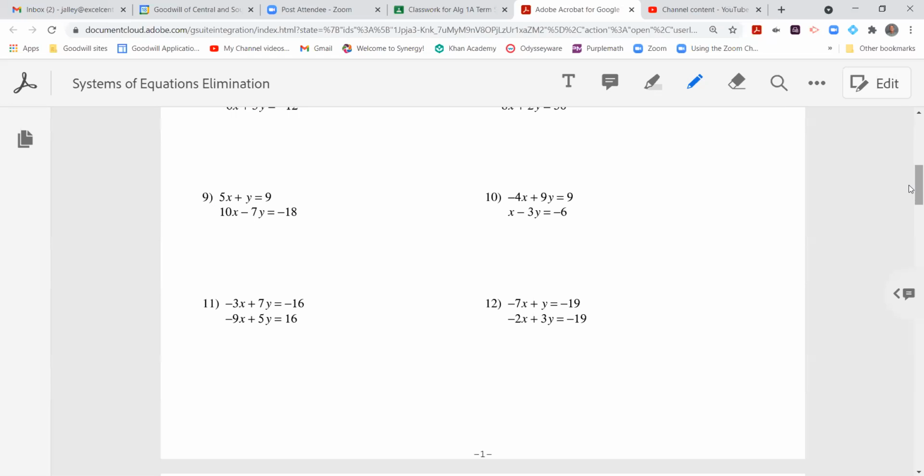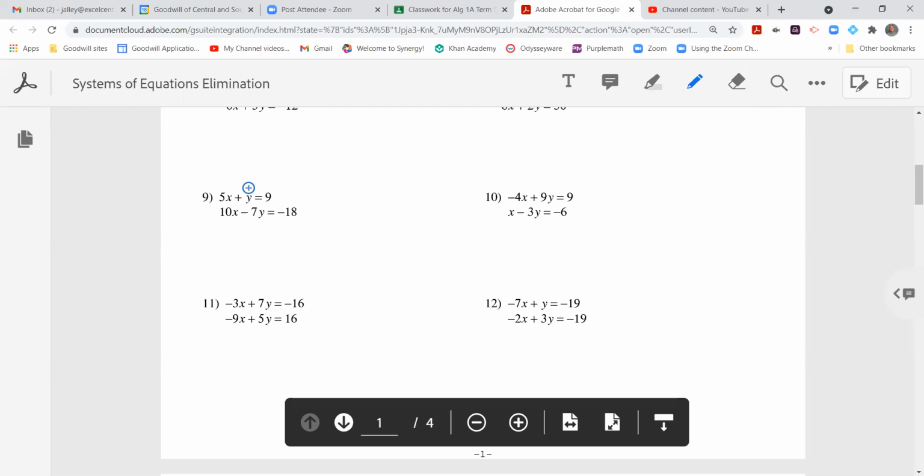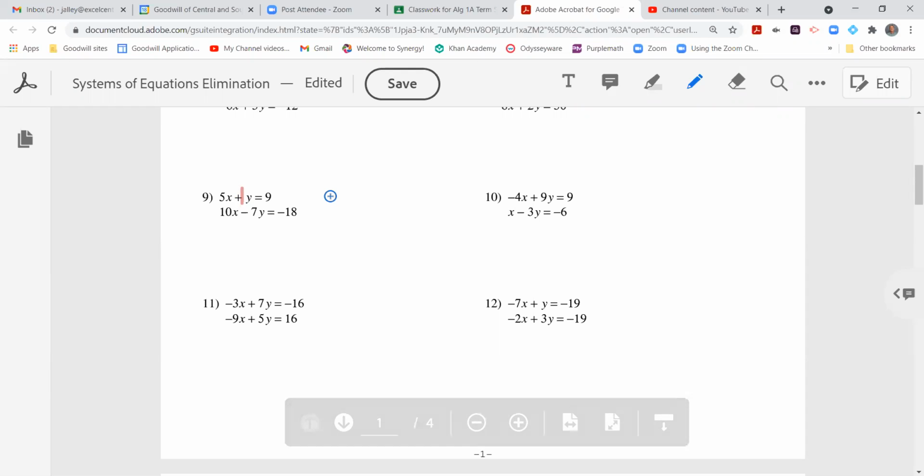How does adding 5 help you? No. Right now, the coefficient for y in this first line here is 1. It's a positive 1y. You want to eliminate the y's, then that needs to become plus 7y, because in the other equation, you have negative 7y. So adding anything is not going to do it for you.